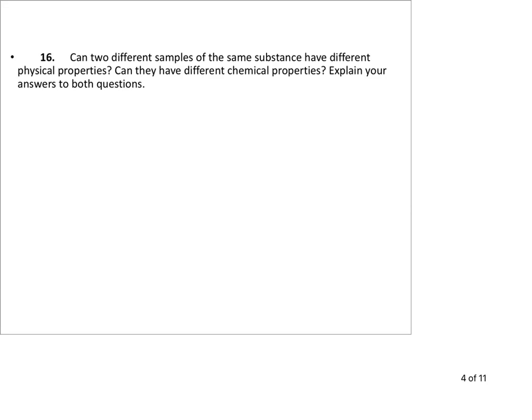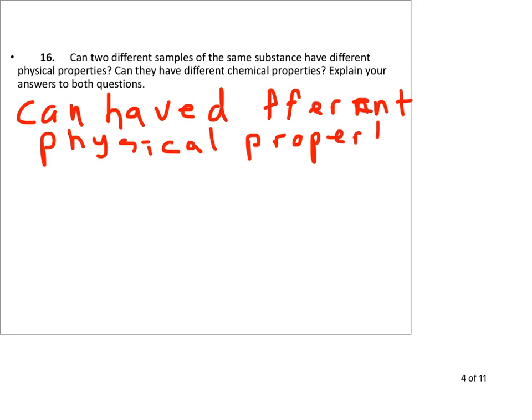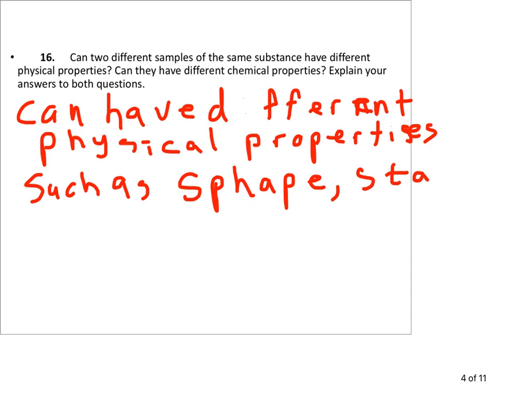Again, two samples of the same substance can have different physical properties, such as shape, state, and mass.